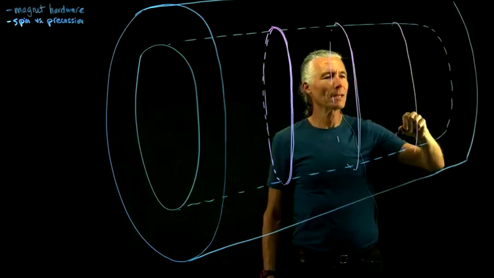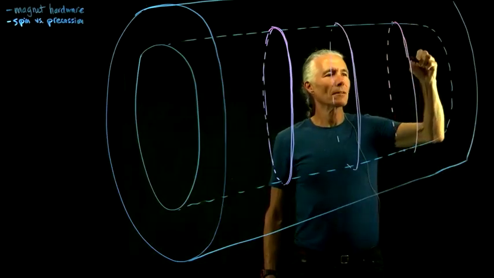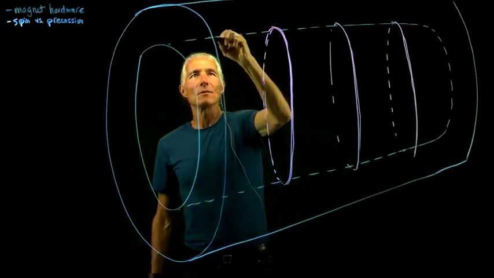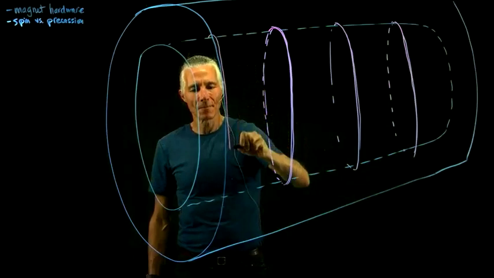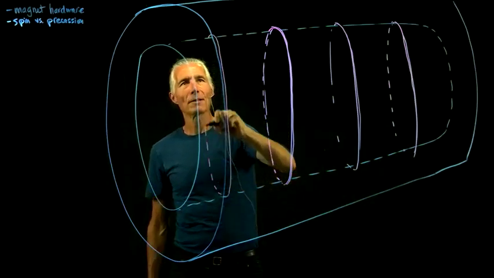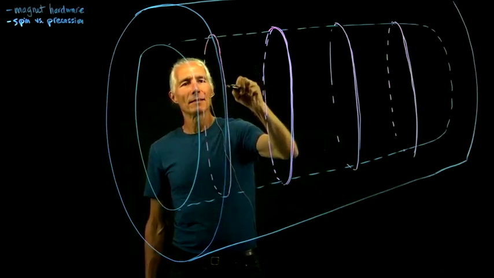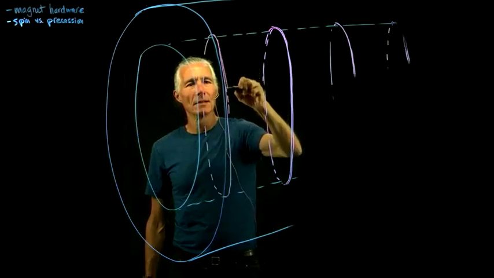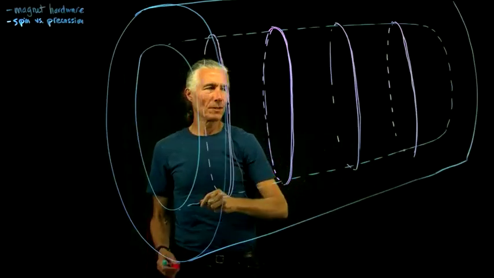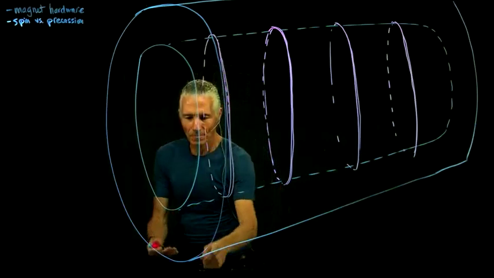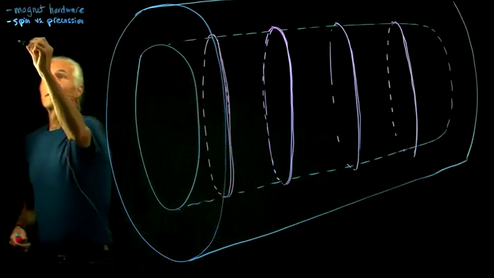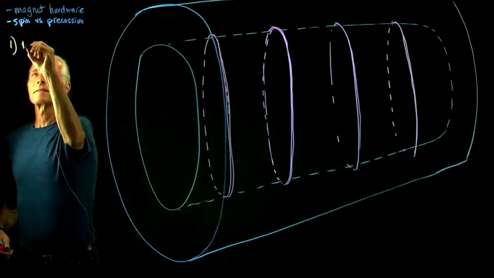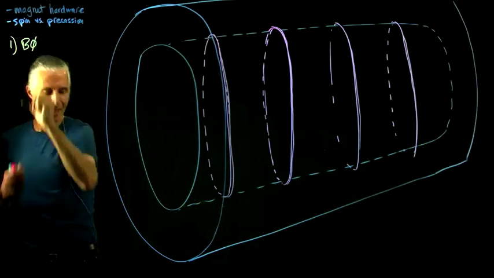They're completely hidden inside the thermos bottle, and those are the thing that makes the magnetic field, and that's called the B0 field. So the first part of the magnet is the B0 field.